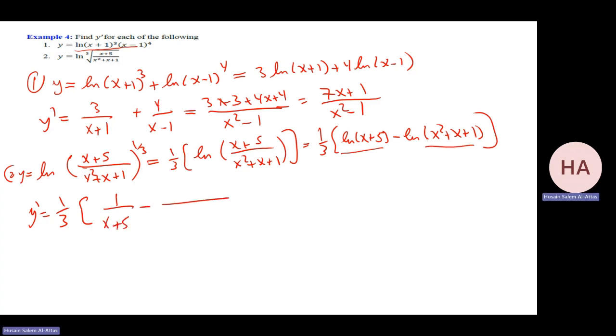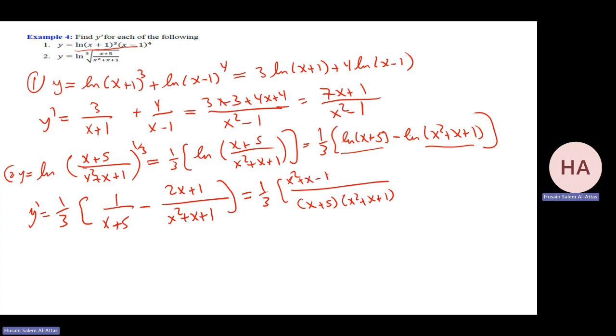Minus the derivative of this. I have x squared plus x plus 1, and this one will be 2x plus 1. You can leave it or you can simplify it. 1 over 3. I have (x plus 5) times (x squared plus x plus 1). Here I have what? x squared plus x plus 1 minus (2x plus 1) times (x plus 5). And that will be 1 over 3 (x plus 5)(x squared plus x plus 1).